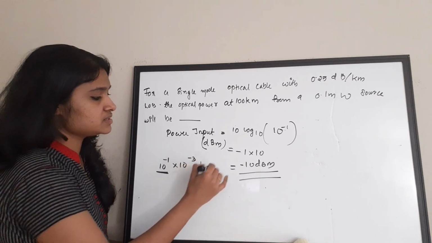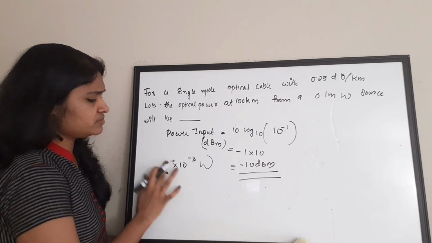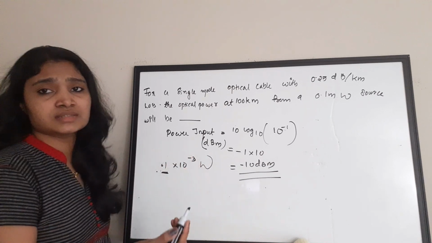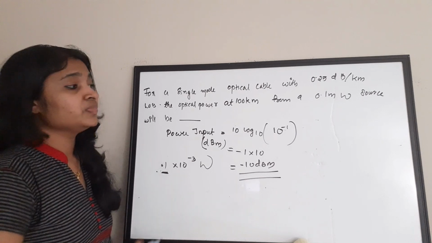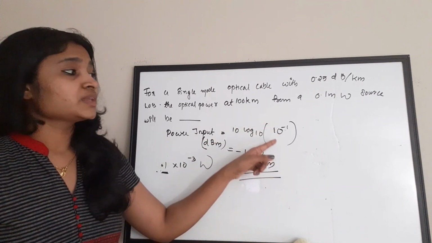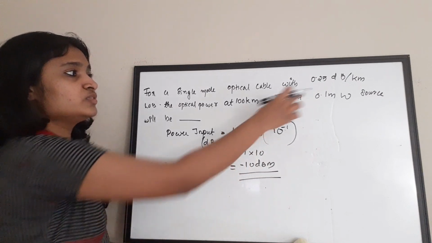So you can write this as 10 raised to minus 1 into 10 raised to minus 3 watts, or simply write it as 0.1 into 10 raised to minus 3 watt. And then to convert to dBm value, take 10 log 10 of this value.